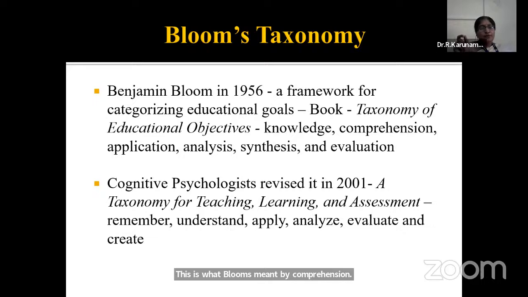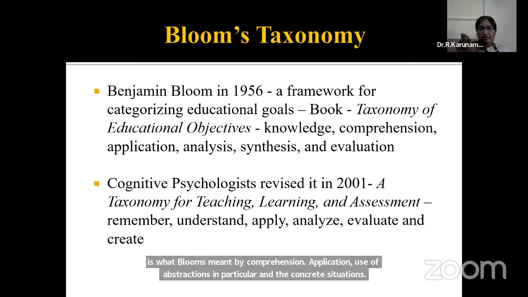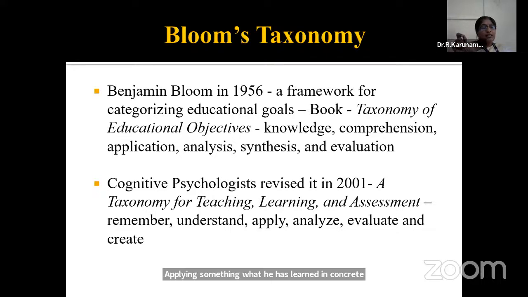Application: use of abstractions in particular and concrete situations, applying something he has learned in concrete situations. Analysis: breaking down something and examining it. Breakdown of a communication into its constituent elements or parts such that the relative hierarchy of ideas is made clear, or the relations between the ideas expressed are made explicit.